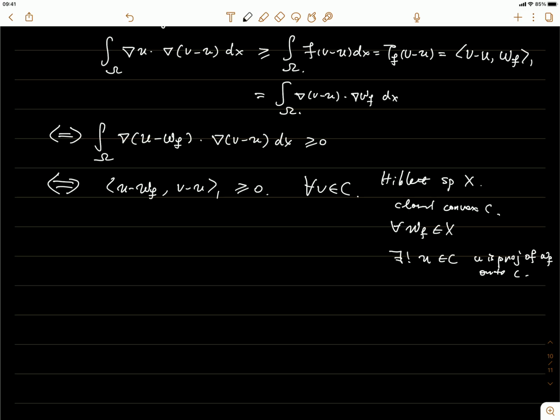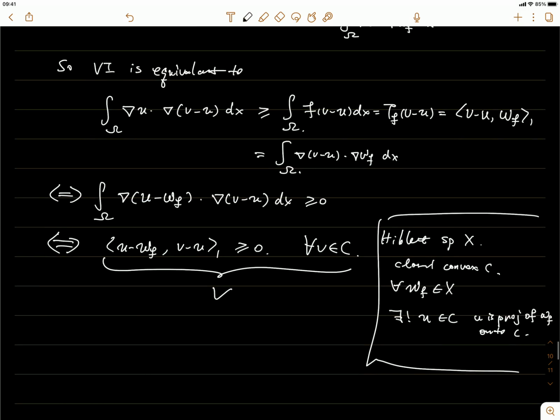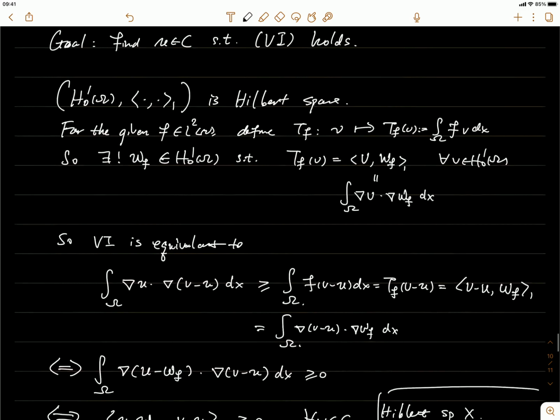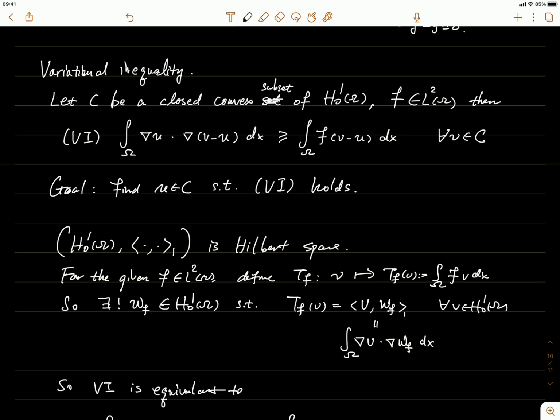Okay, and we know this is true by the theorem we proved before. And this is equivalent to the existence and uniqueness of this u. And this tells us that the variational inequality here does have a unique solution, u.